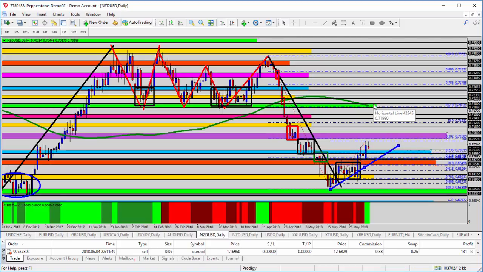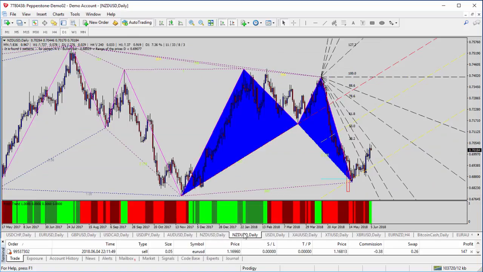One last thing I want to point out, and I'm going to go to a different chart and a different tool that we typically look at in the morning analysis video, is the harmonic pattern present for the New Zealand dollar. On the daily time frame, we have a bullish bat pattern recognized, and it has been rising out of the PRZ, the potential reversal zone, the little red box down here.